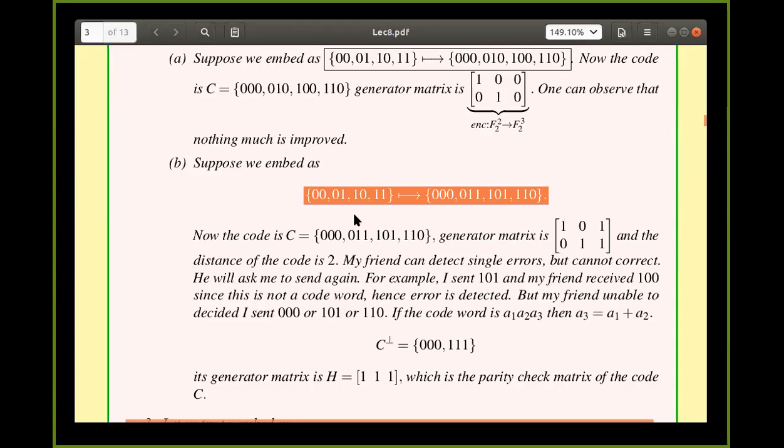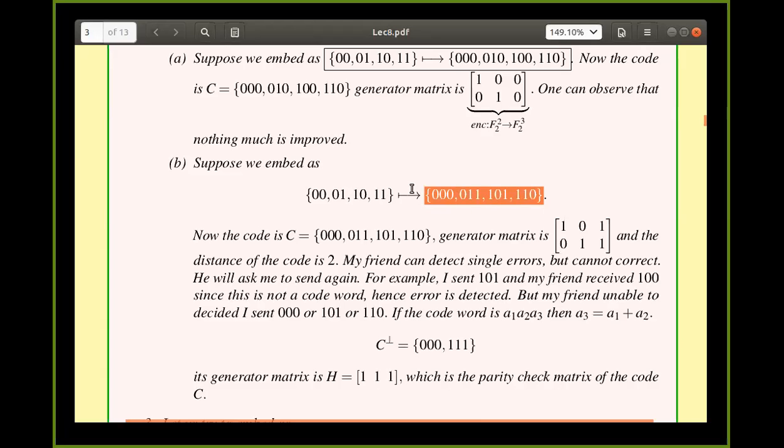So what is this doing actually? See, this code's parameters are 3 comma 2 comma 2, right? Why 3? The first 3 is the length of the word. Why 2? I am coming from a 2-dimensional space, so the dimension of the space is 2.